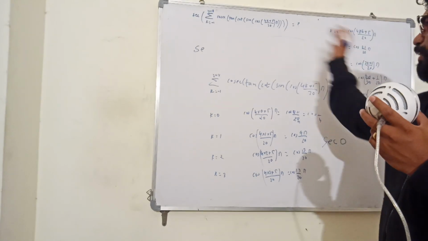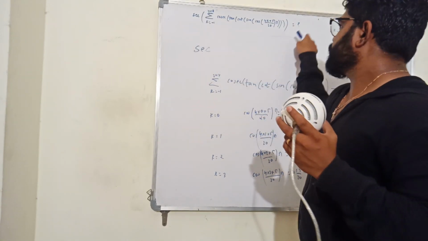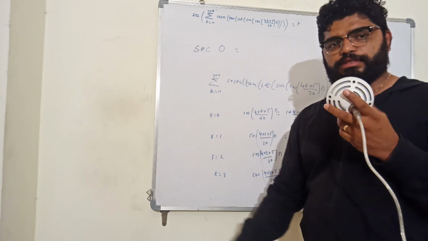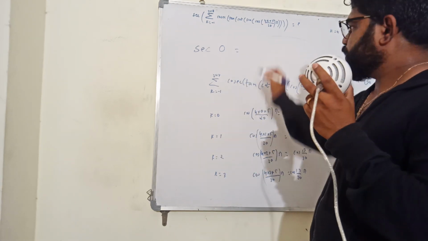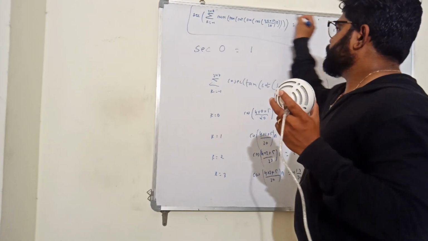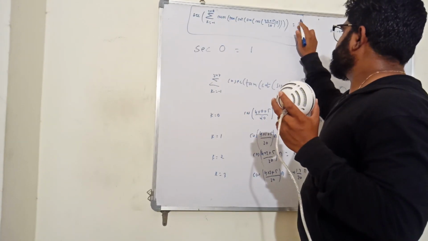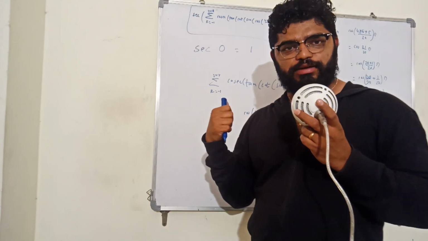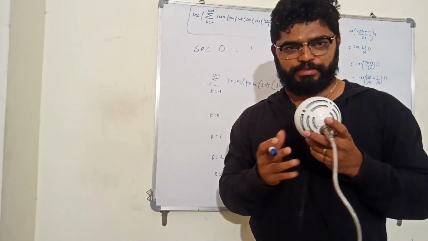When this becomes equal to 0, I just have to substitute the summation. It is going to be sec 0, and we know the value of sec 0 is equal to 1. So this whole value is equal to 1. Folks, the question is haunting, but the answer is very simple. Thank you very much.